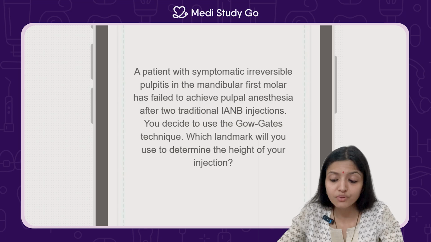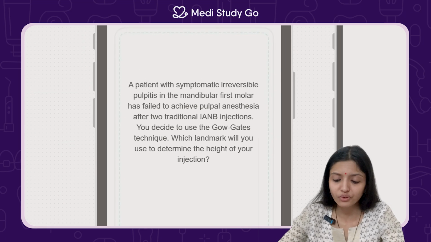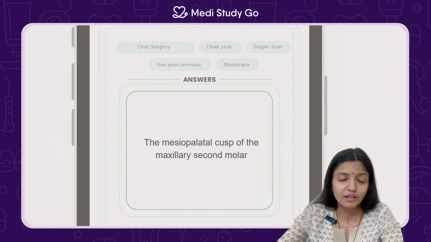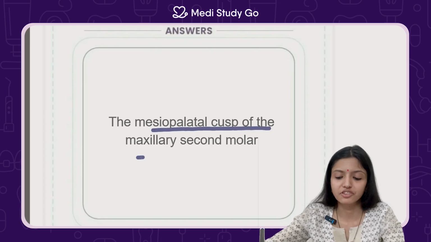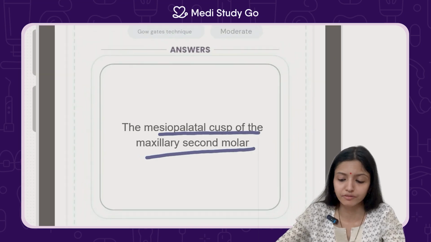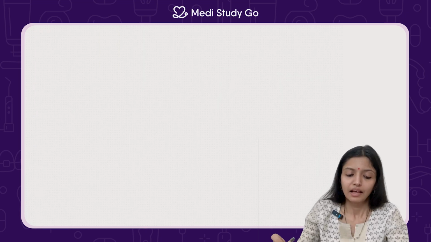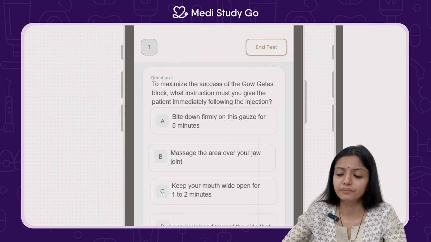You decide to use the Gow-Gates technique. Which landmark will you use to determine the height of your injection? If you have heard today's lecture properly, you will be able to answer that the height of the injection is determined by the mesiolingual cusp of the maxillary second molar. So this determines the height of your Gow-Gates injection.